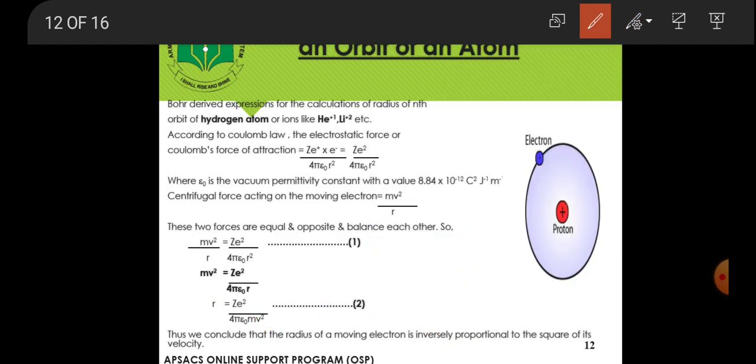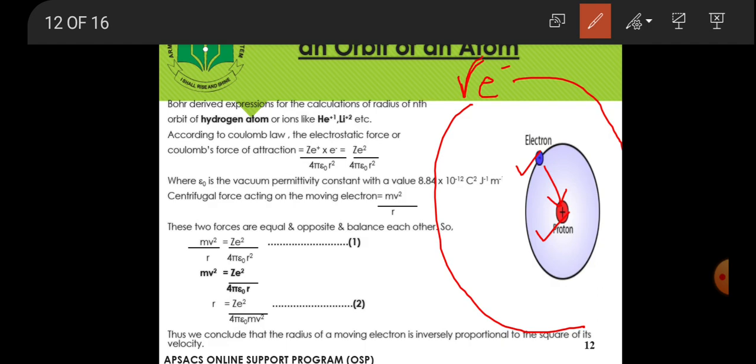The electron which is nearer to the nucleus moves with a greater velocity because the value of r is small, and the electron which is far away from the nucleus moves with less velocity because the value of r is greater.